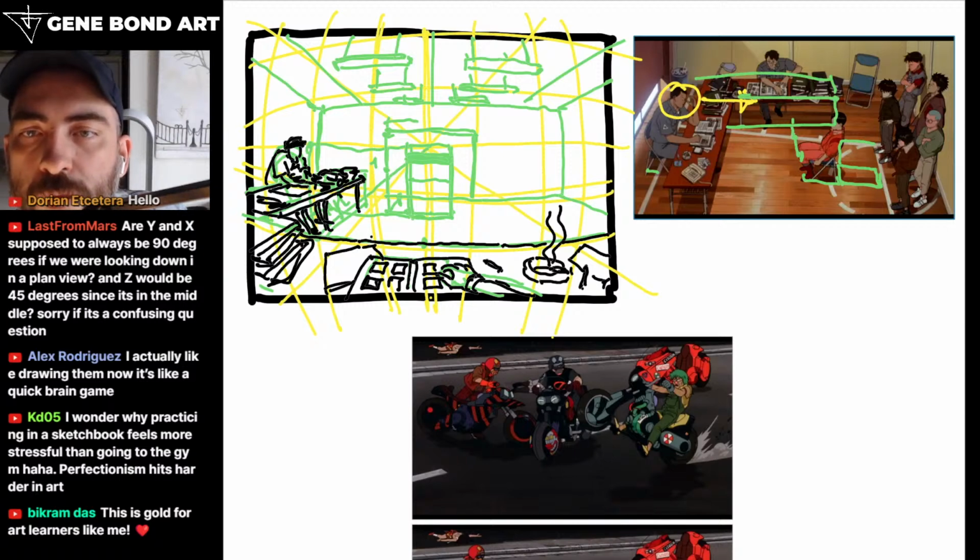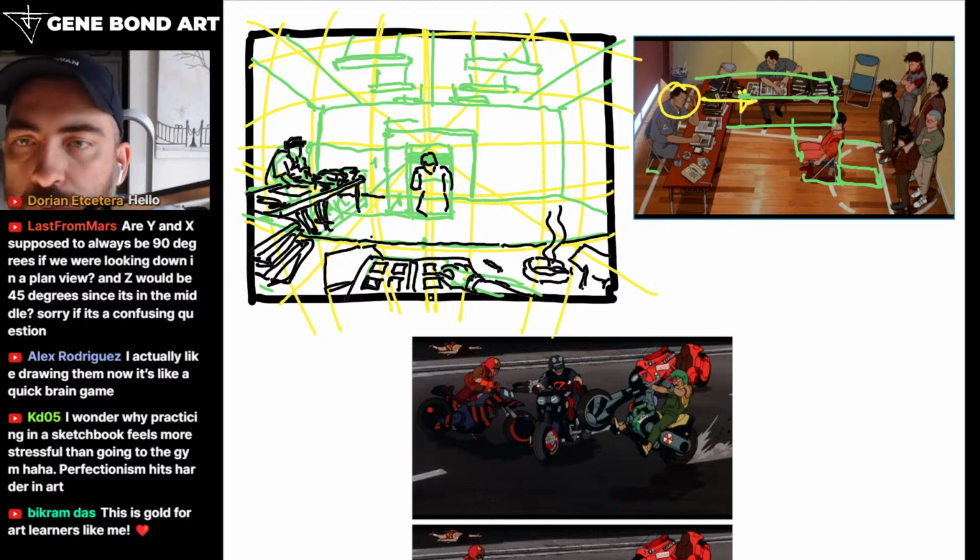So here we have wall. So here, Canada, right? So his seat. And his chair.